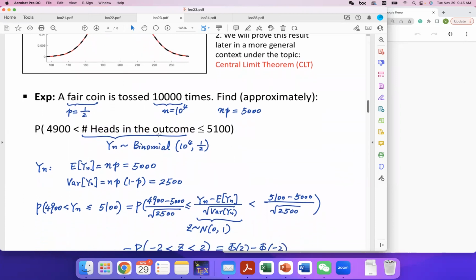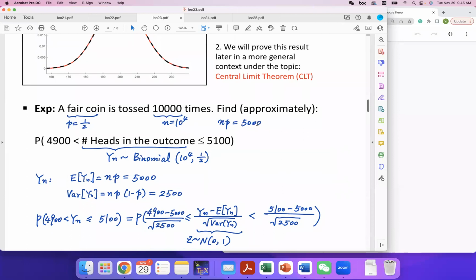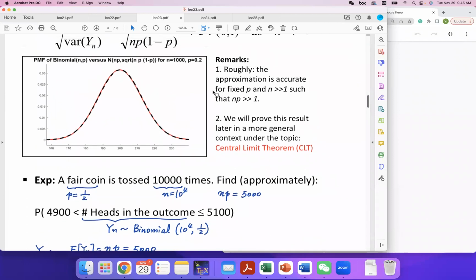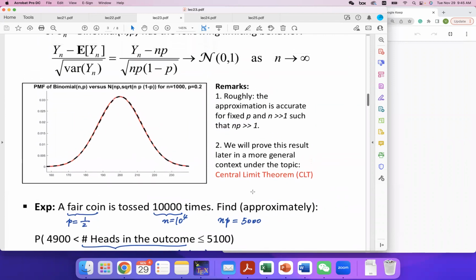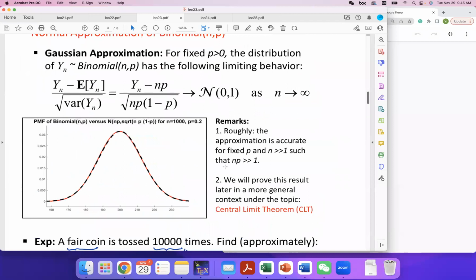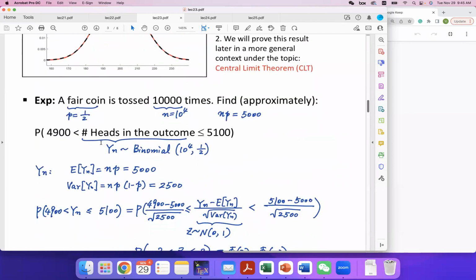And in this particular case, we observe that n times p is 5,000. This product is far bigger than 1. So we know that the Gaussian approximation is going to be very accurate, and this binomial distribution can be well approximated by a Gaussian distribution.